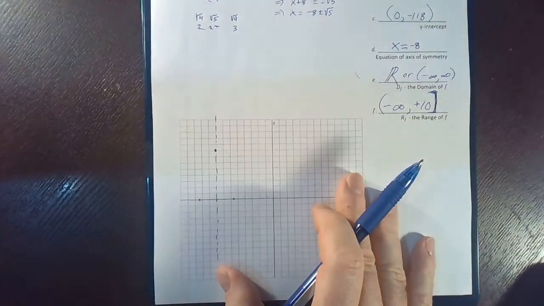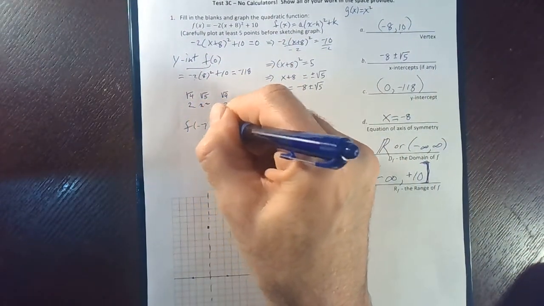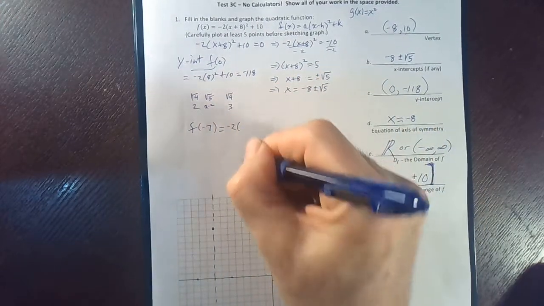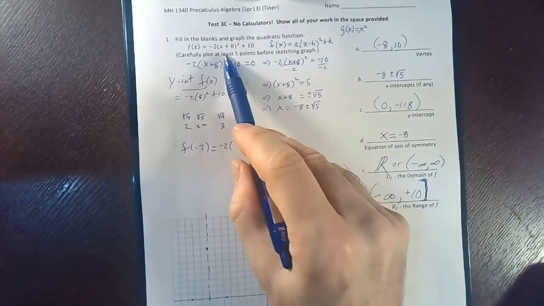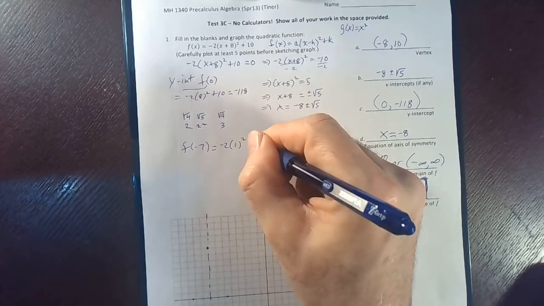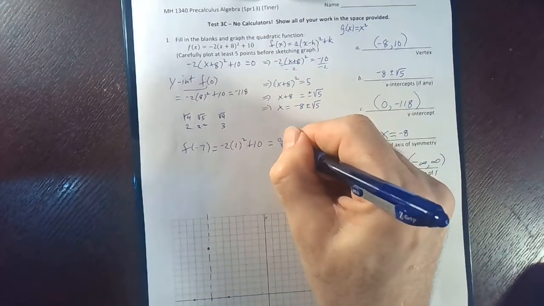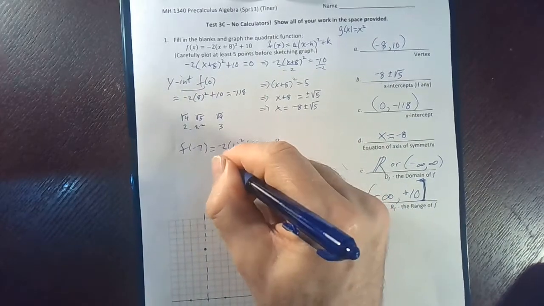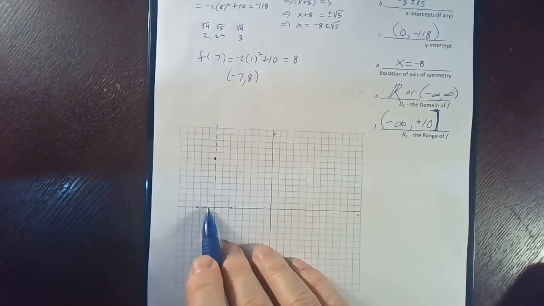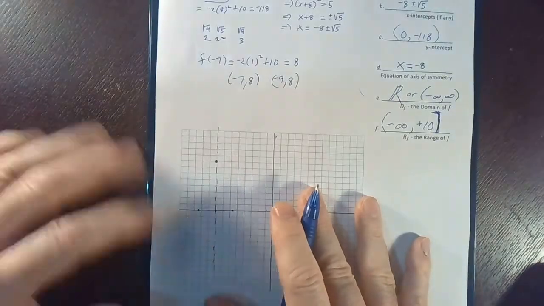Let's plug in negative 7. F of negative 7 is going to give us negative 2 times, negative 7 plus 8 is 1, so 1 squared, plus 10. And that's equal to 8. So 1 point is negative 7, 8. And I know if I plug in negative 9, I'll get the same value. So I'm going to get negative 9, comma 8, kind of for free.